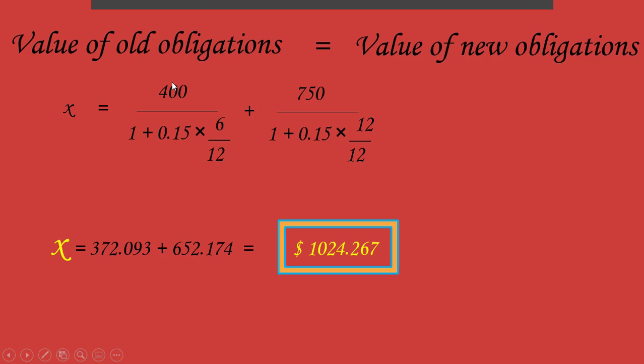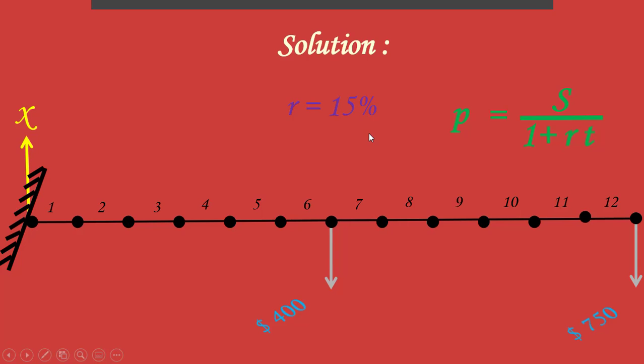For 400 the time was 6 months, and for 750 the time was 1 year. In the time diagram, 400 after 6 months from the beginning, and for 750 it's 12 months from the beginning, or 1 year from now.